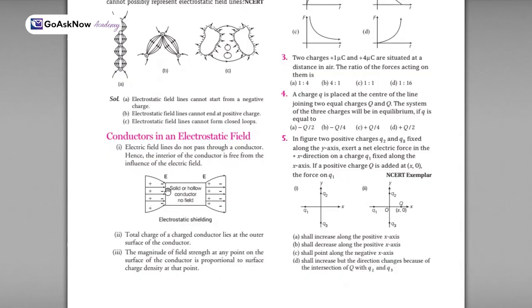So it is shown here that electric field is zero inside a conductor. The total charge of a charged conductor lies on the outer surface of the conductor. Okay. So if I give any charge to a conductor, it will reside at the surface of the conductor. Why? Because they have the tendency to remain at the farthest point from each other.